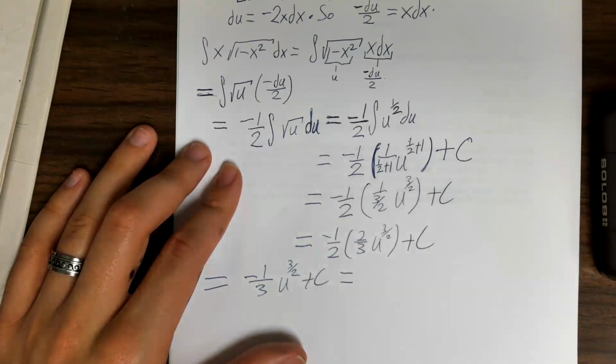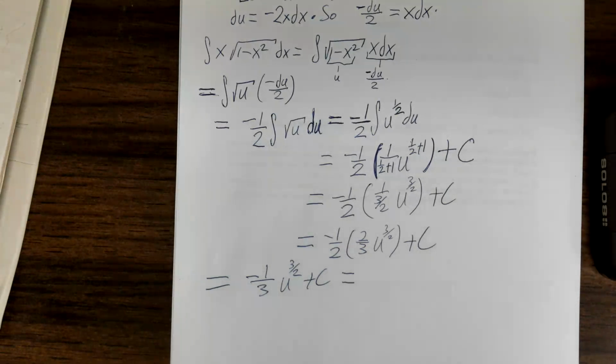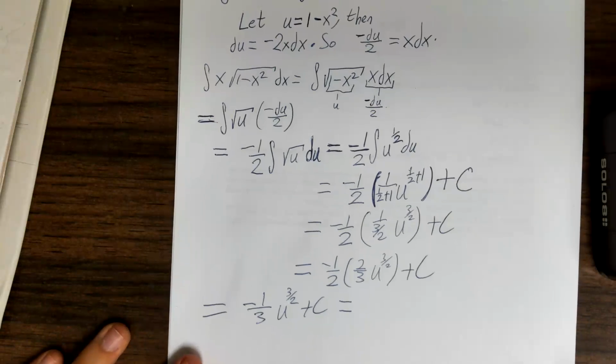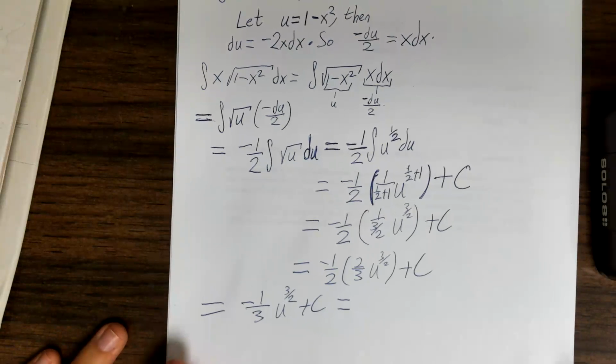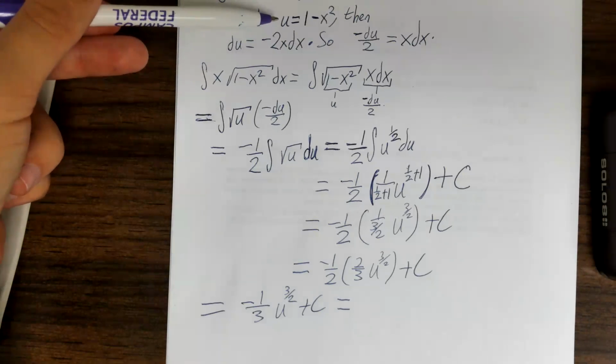But we're not done here. If this were a definite integral, then I could just take limits of integration after I found my new limits and call it a day. But because it's an indefinite integral, we have to get it back in terms of x. So if we look back at what we had up here, we saw that u was equal to 1 minus x squared.